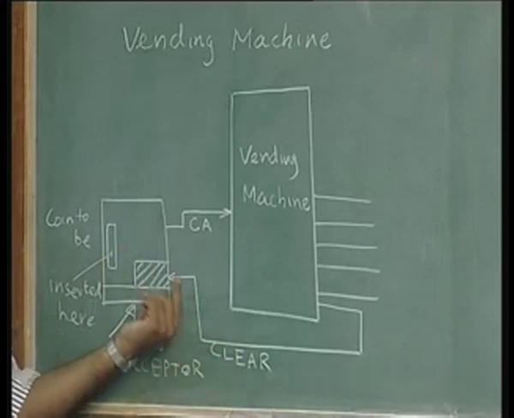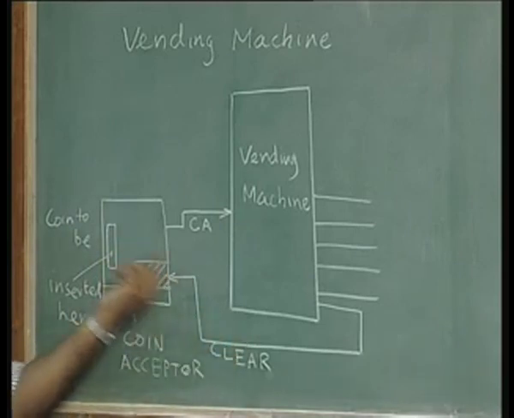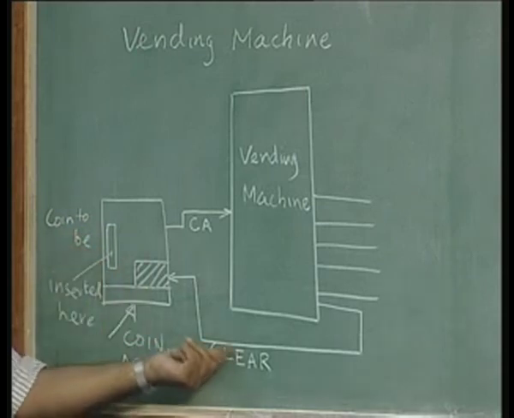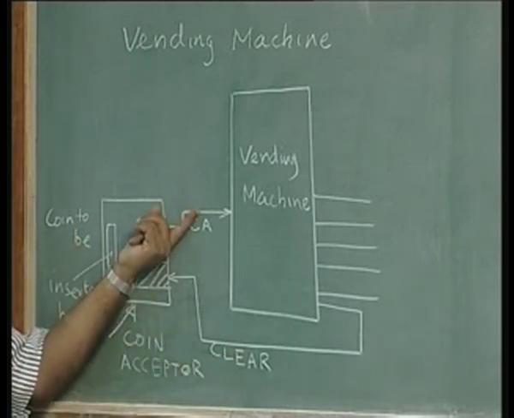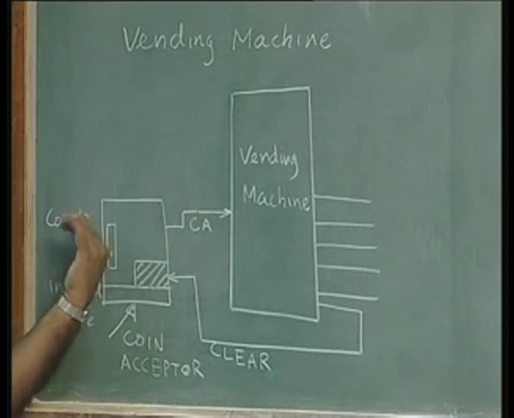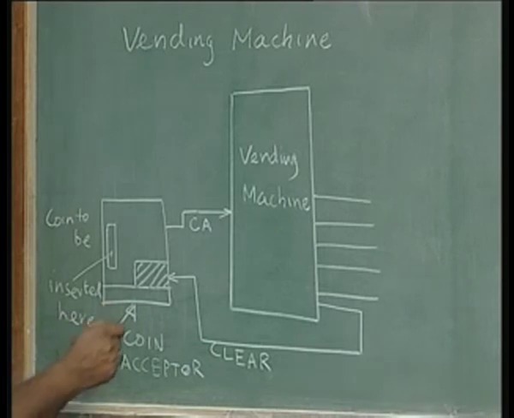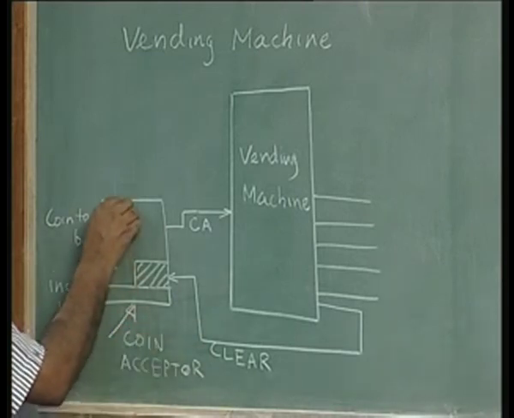Until the clear signal comes, it will not accept the next coin. Only when the clear signal comes, this coin accepted signal will disappear and the machine is ready for the new coin. So you can even have a clear linked with a ready lamp.